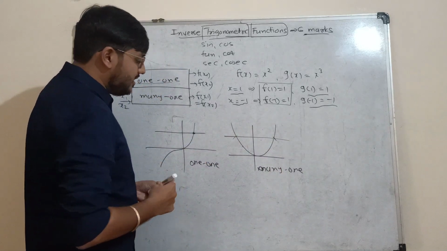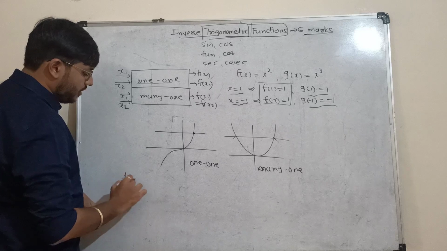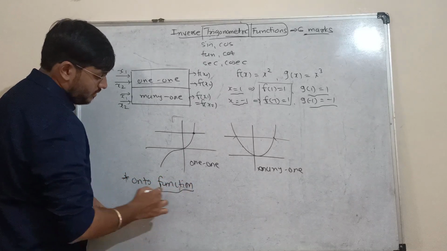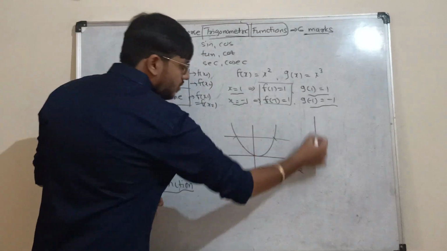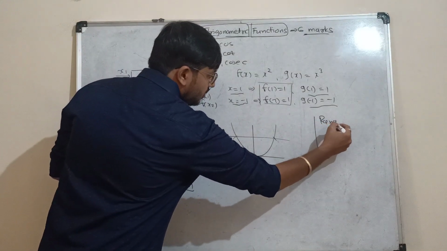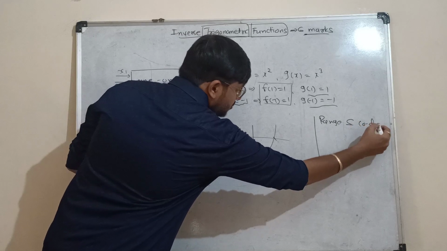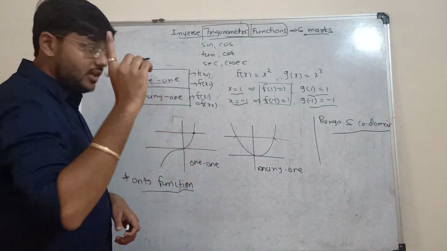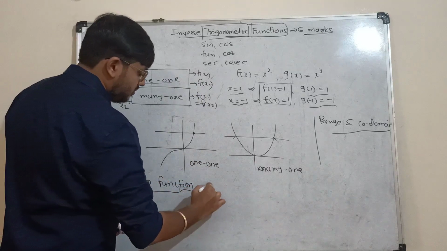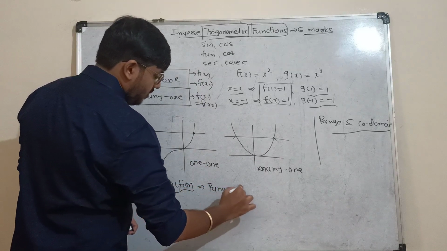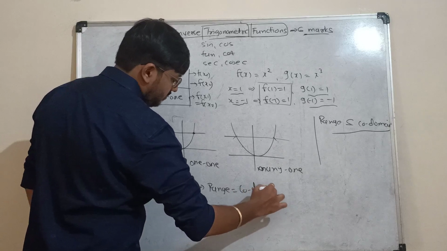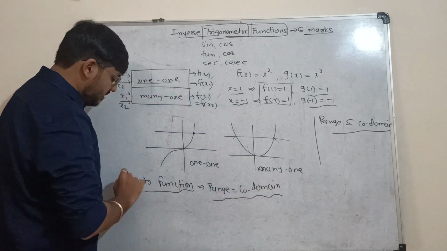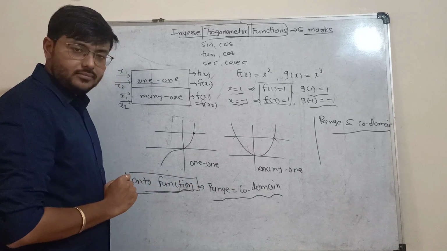Right? And the third thing which we need to understand is onto function. So in general condition, we know that range is a subset of or equal to codomain. This is the general condition we know. But the function in which range equals codomain can be considered as an onto function, right?